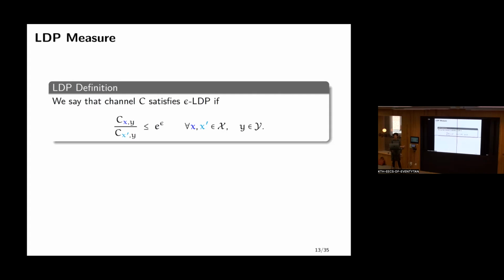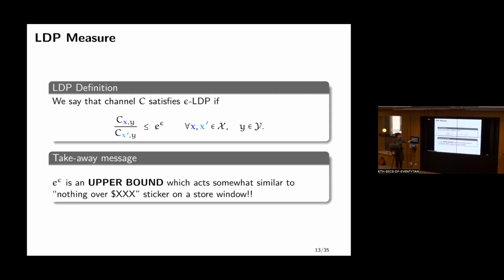So the takeaway message that I want you to have is that this e to the epsilon upper bound is a little bit like the sticker that you may find in store shops. That is the very broad message that I want to get across.